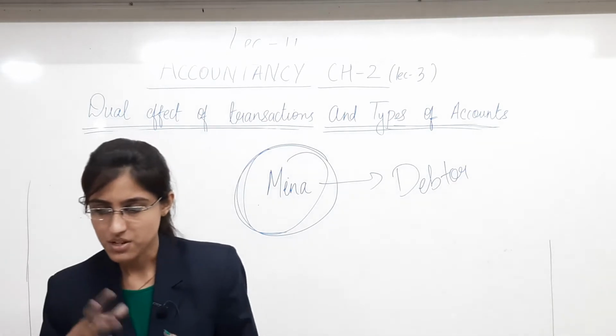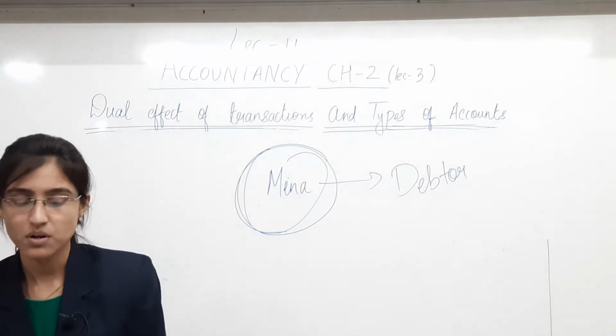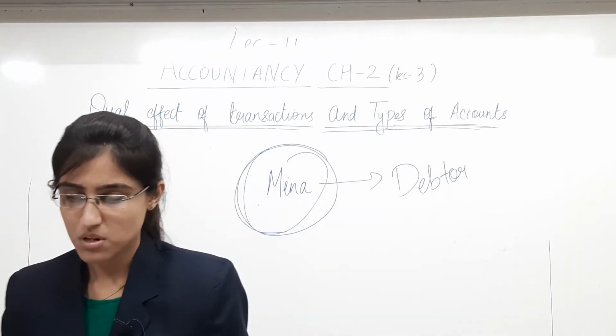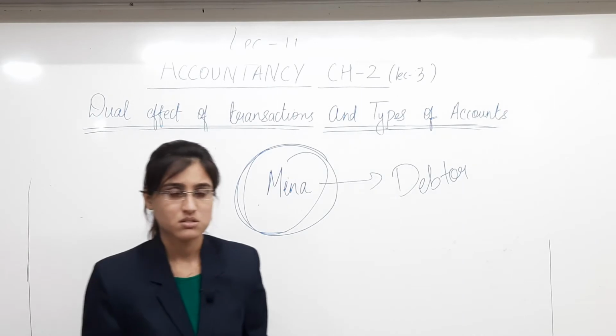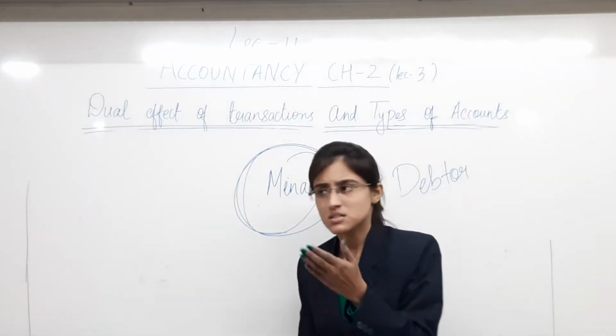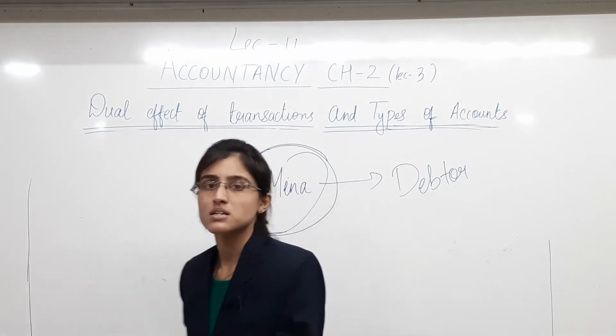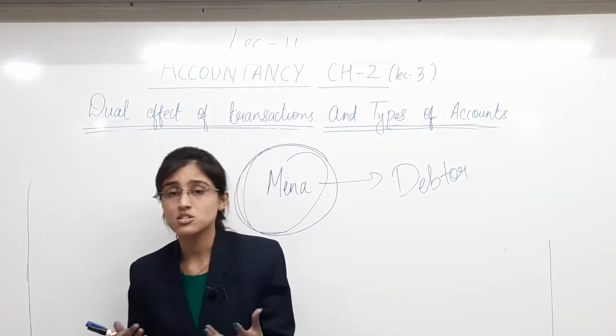Please read this topic in detail. It is given in your textbook. We are moving towards a new topic, that is dual effect of transactions. Voucher you will read, you'll easily understand it. The simple meaning of a voucher is that it is an evidence which supports the existence of a transaction.